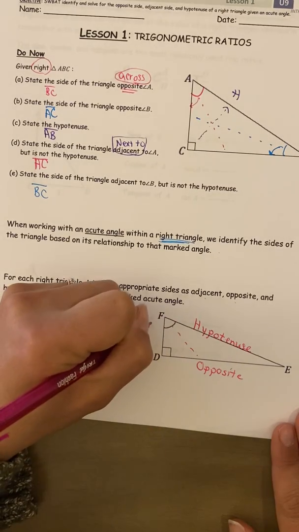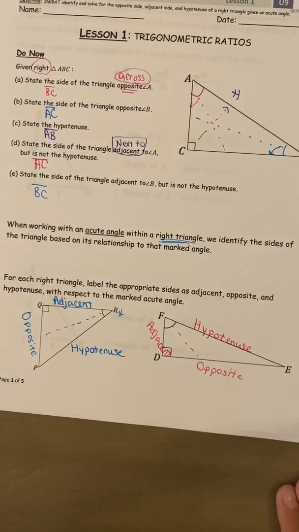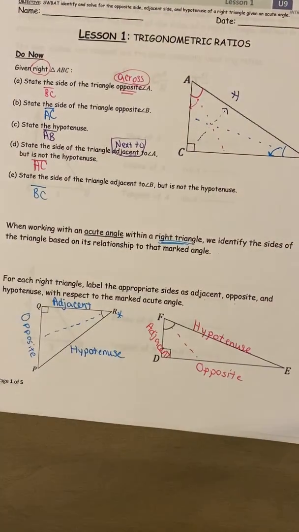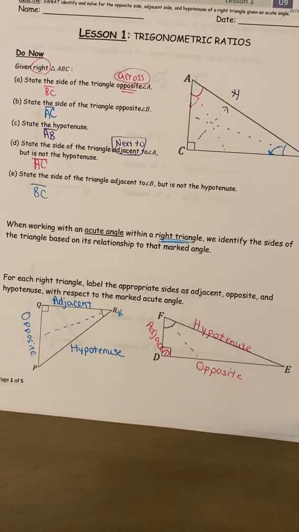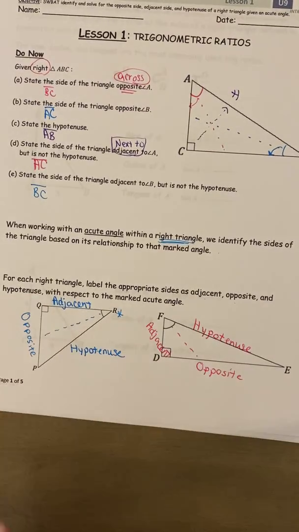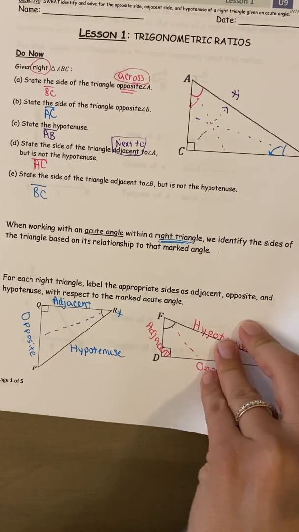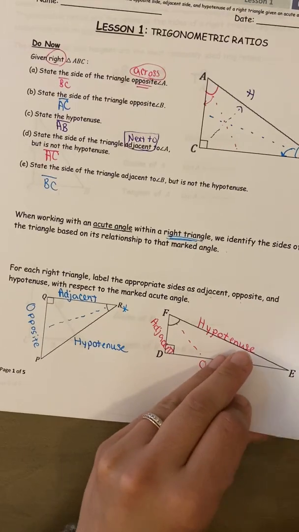And this saves me, the last one is going to be my adjacent. All right. So far, those are the super basics of trigonometry, knowing how to label the sides: opposite, adjacent, hypotenuse. Okay. Now we're going to move forward with what we call SOHCAHTOA.